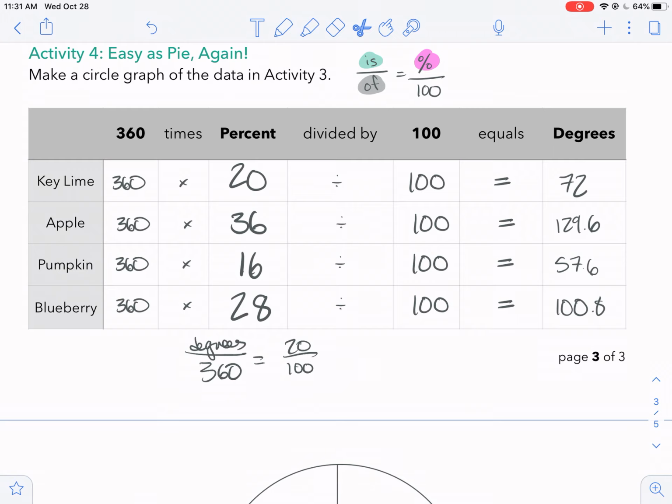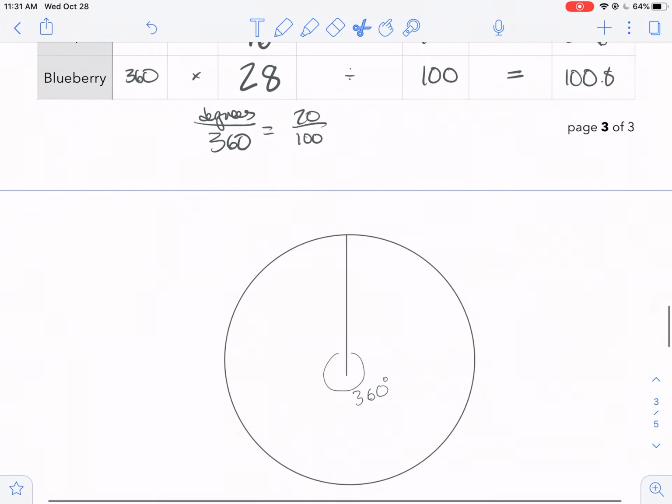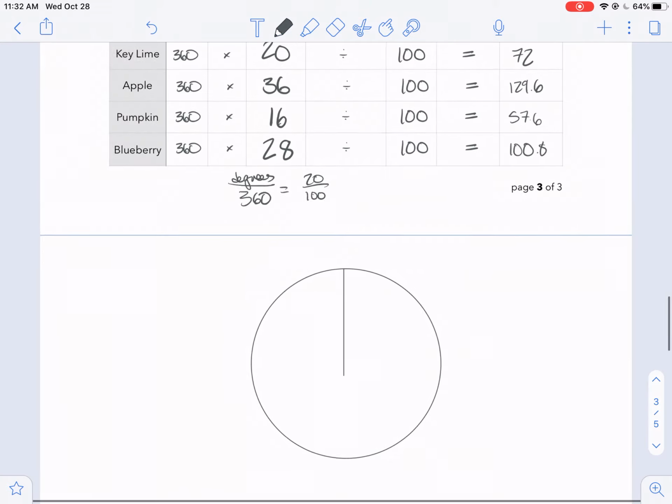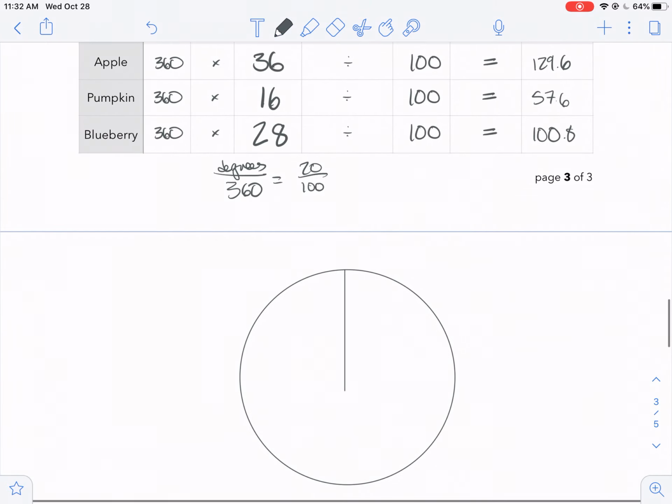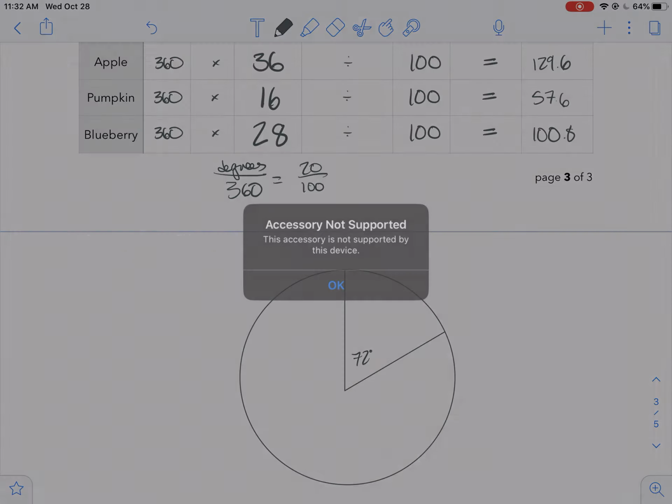Okay, now that we know our degrees, we can split this into a circle. Okay, here we go. So we have our circle, we take out our protractor, and we need to measure 72 degrees. That'll be approximately that big. And then we need to measure 129 degrees.